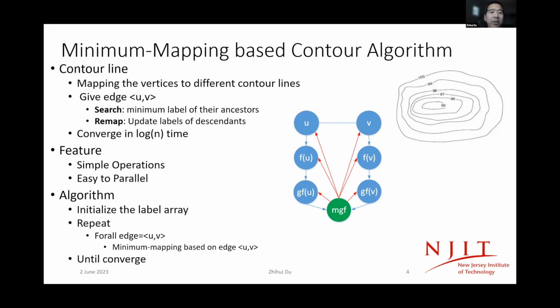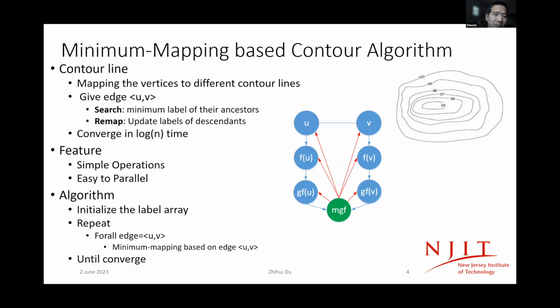And second, we remap the minimal label to all the other descendants. This is the basic operation of minimum mapping. We have proved that our algorithm can converge in log n time.